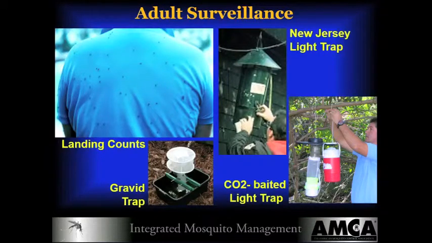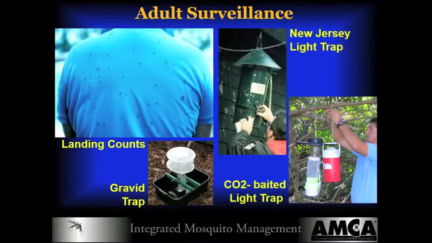You hang these things out, and a mosquito will come towards the light, that's why it's called a light trap, and get sucked into a chamber where you can take it and identify it and count the number of mosquitoes. These are generally hardwired to a place, so they stay stationary in one spot. There are other mosquito traps that utilize other things in the biology of the mosquitoes against them.